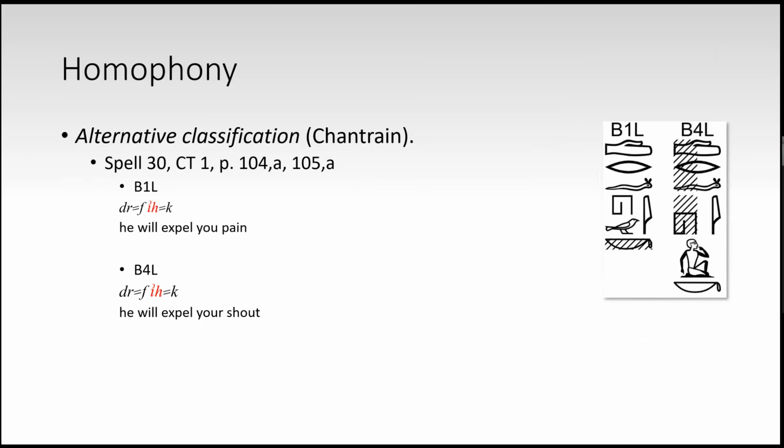Now, I want to go into a few cases where you could argue that they're simply homophones of each other, but I would actually think it's slightly different. And this type of issue has been coined alternative classification by Gülden Chantrin, currently working in Liège. When she told me about this, the article was still under review. I hope it has been accepted by now. I assume so, to be honest.